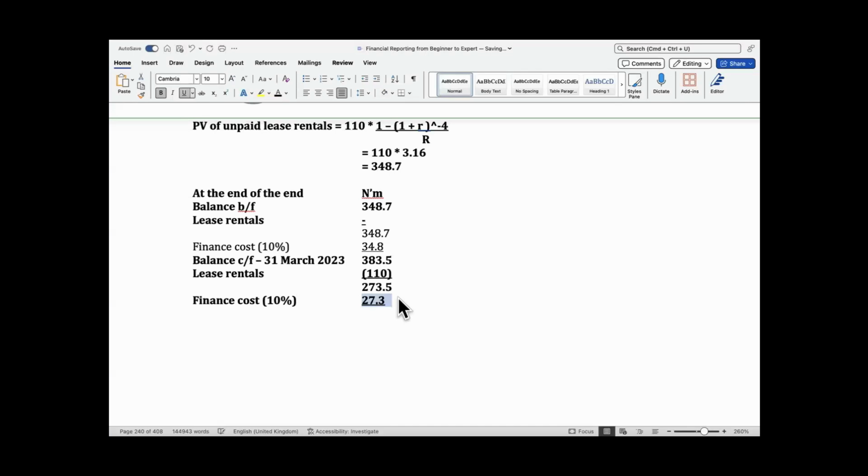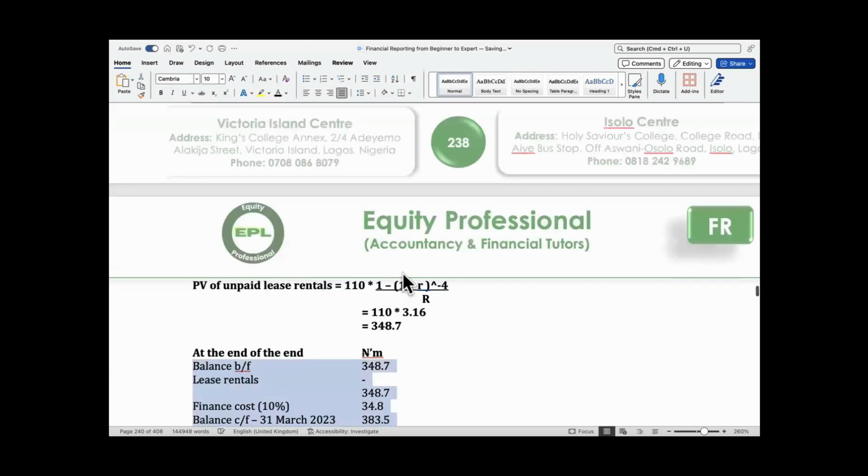Okay. So what's my balance carried forward, which is the balance as at 31st March 2024? So how much is that? 300.8. Okay. So I'm done with my lease liability.